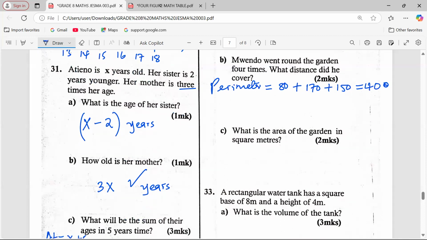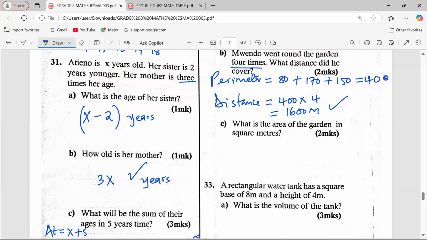Now the total distance shall be 400 multiplied by 4, because he's going to make 4 laps. 1600 meters will be the total distance covered after moving round 4 times.